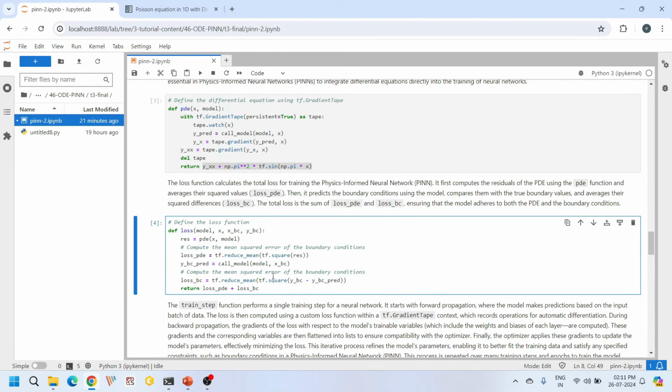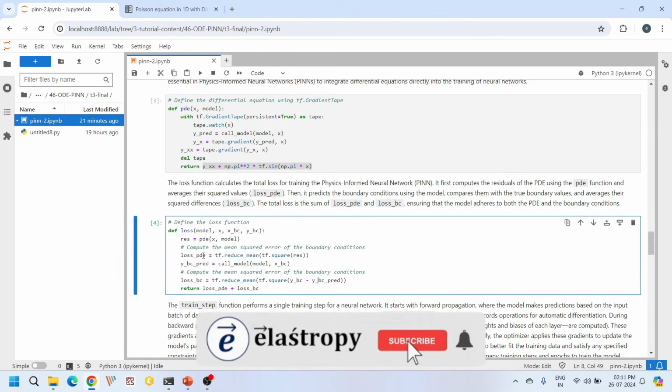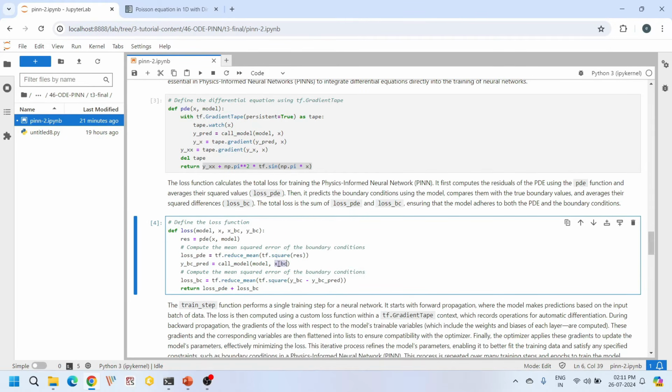So boundary condition loss is also evaluated in the same way as we evaluate the PDE loss, meaning we send the x coordinates of the boundary points to this call model function such that we get the y values from the model, and we compare these values predicted at the boundaries with the original boundary value, that is ybc, and we take a difference and we square them to get the total loss from this bc. So this returns us the total loss, that is the loss from the PDE plus the loss from the boundary conditions. So our objective is to minimize this loss and to keep it as minimum as possible.